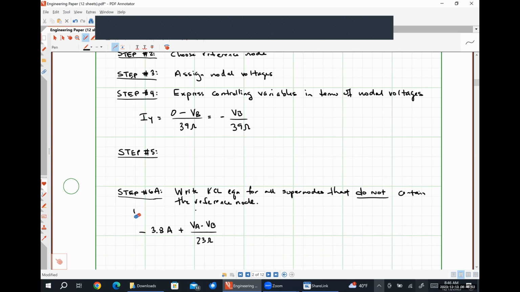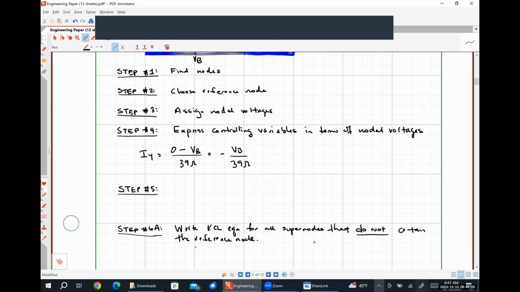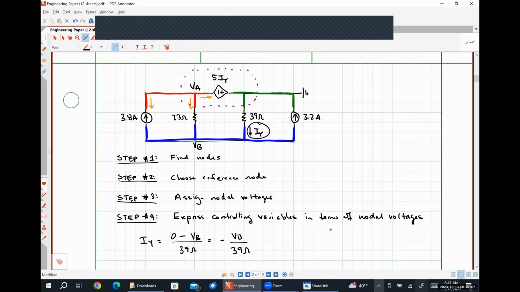Now, for this circuit, there aren't any supernodes that don't contain the reference node, so we're not going to be able to write an equation there, okay? Anywhere we have a voltage source, we will have a supernode. And our supernode is formed just by lumping together those nodes to enclose the voltage source, okay? We'll practice a couple of more of these here in a moment so that it's more obvious about things.